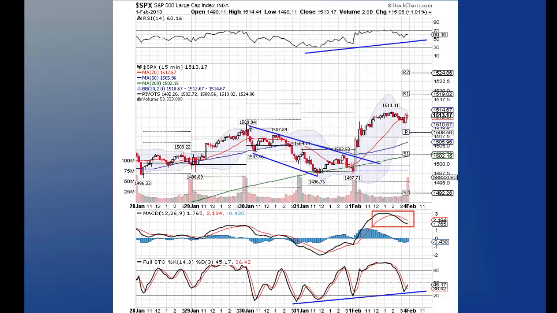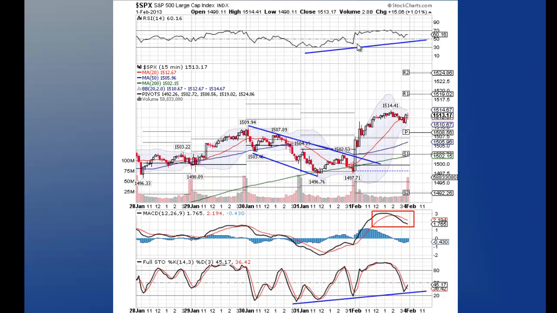Prior to that, this 1509.94, this is the 1510 level, followed by this 1507.89, followed by 1505.96. So there are a number of levels that will act as support on the way down before we even attempt to reach this 200 period moving average on the 15-minute time frame at 1502.15.